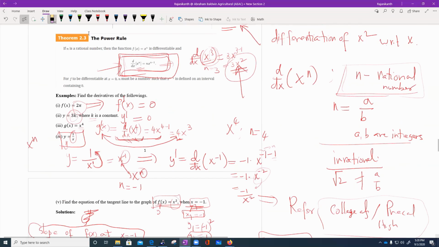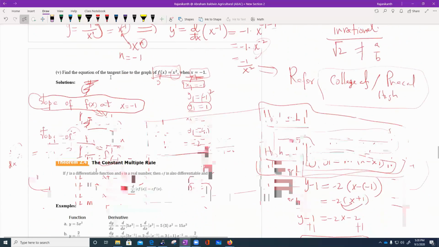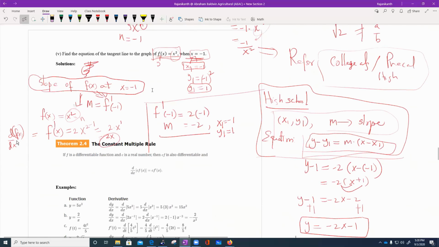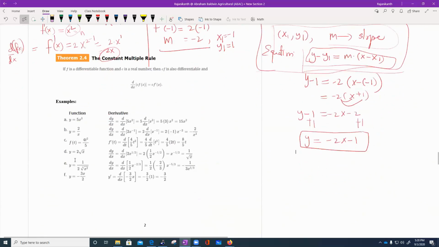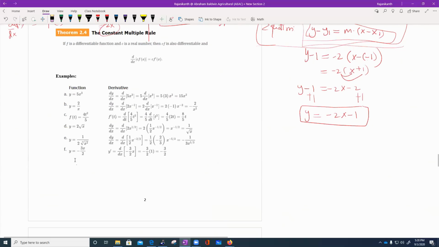And you plug in the -1 for x because that's what's given in the problem. After finding the derivative, you have to plug in -1 to find the particular slope, right? Yes, sir. Okay, very good.